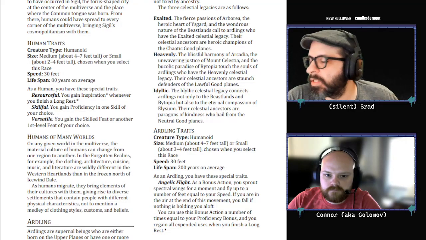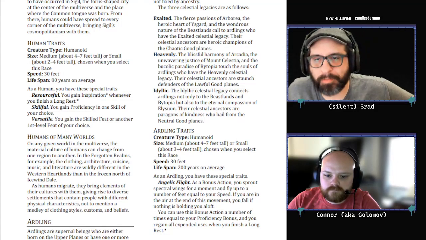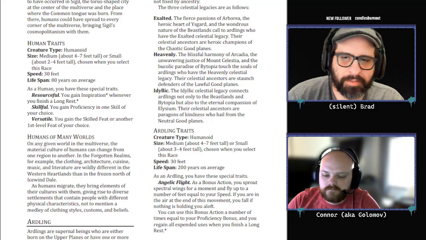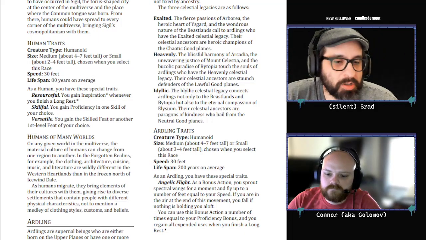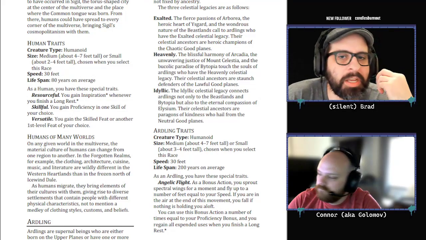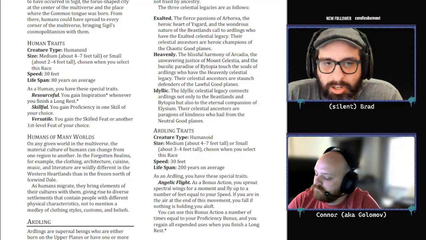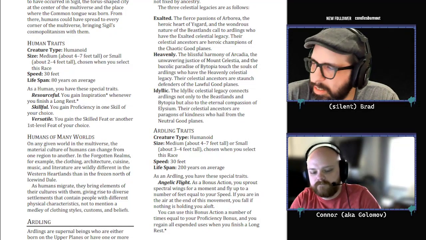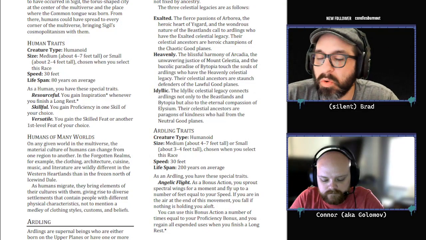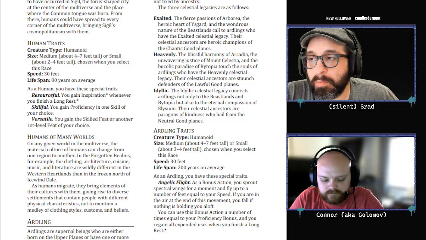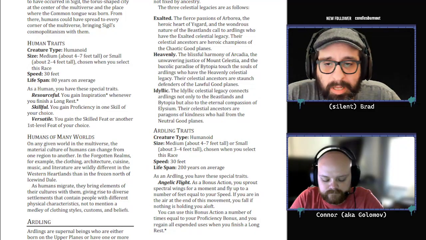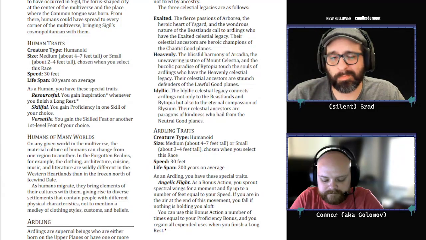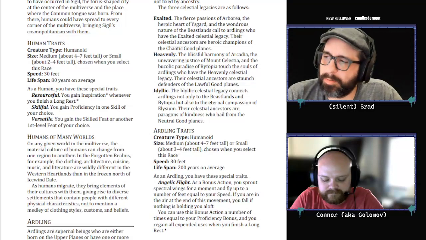Okay, so since Spelljammer, but still, the first time we've got medium or small, and it's actually giving you a height: medium 4 to 7 feet and small 2 to 4 feet, which makes sense because they're short people. Yeah. There are other ones that I saw in here that don't have that, that I think probably should. Elf is an example. They are medium only, and why aren't there small elves? But still.